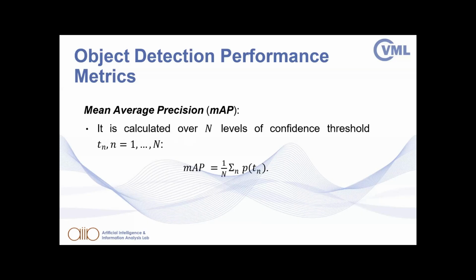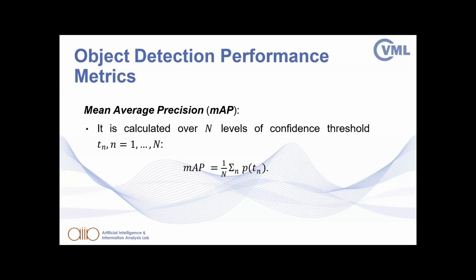Mean average precision, or mAP, is a standard metric used to evaluate object detection models. We use it after computing the precision values across all these thresholds, and we take their average.